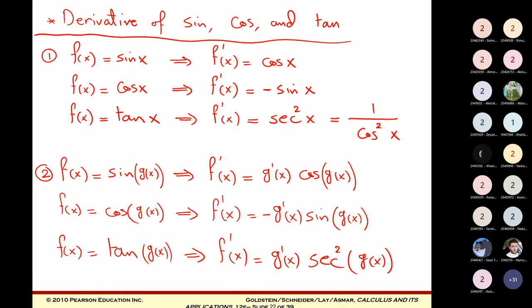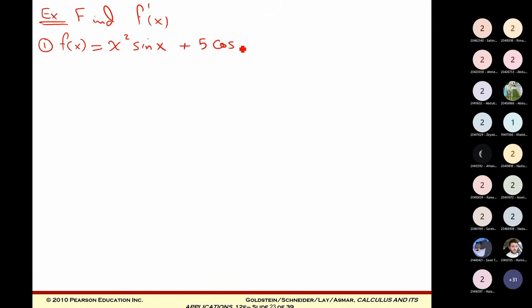Some examples about this. Find the f prime of x. Number one, f of x equal x square multiplied by sine x plus 5 cosine x.